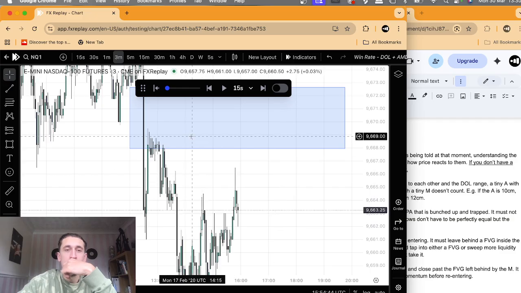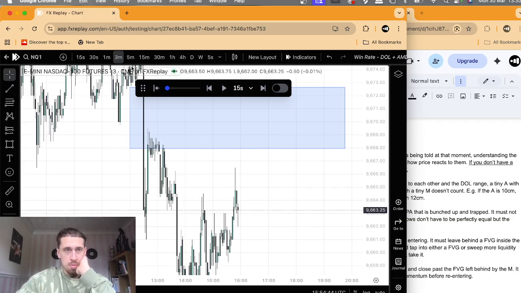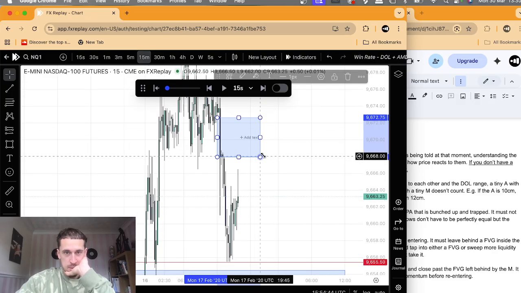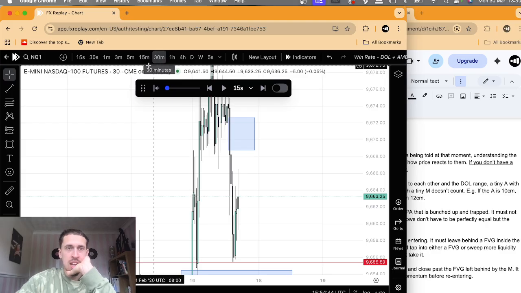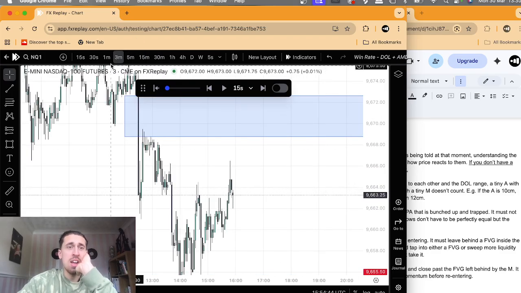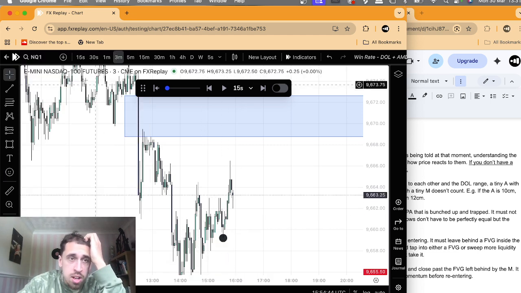I don't think it's 100% that, but oh, it's got to be that, isn't it? The 15 minute gap, and there's a 30-minute gap there. So if it is that, then we should be playing within this range. That should be protected low.